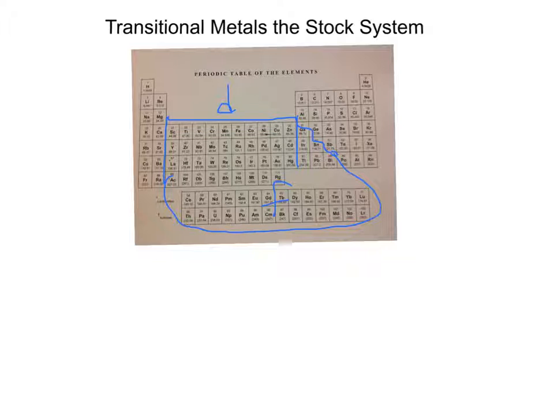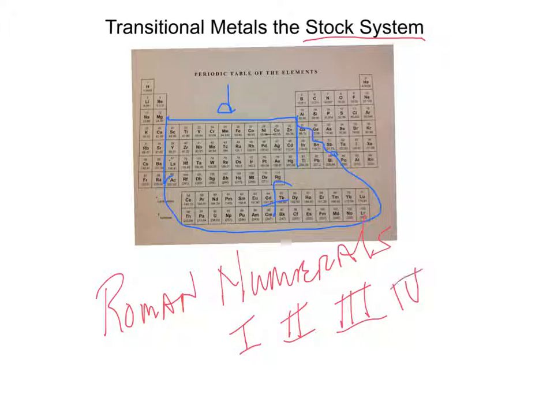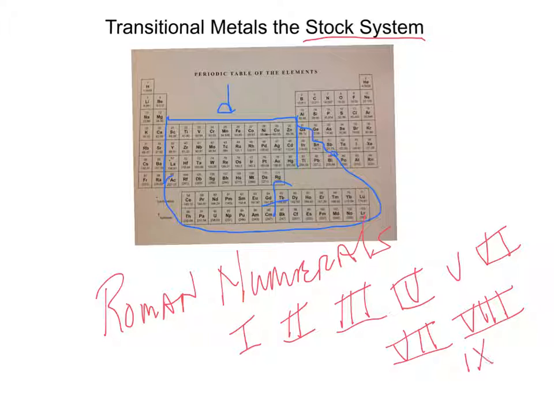So we have to use something called the stock system, where we use Roman numerals. Let me write that down here so you can see it. Roman numerals, as in 1, 2, 3, 4, 5, 6, 7, 8, 9, and 10.